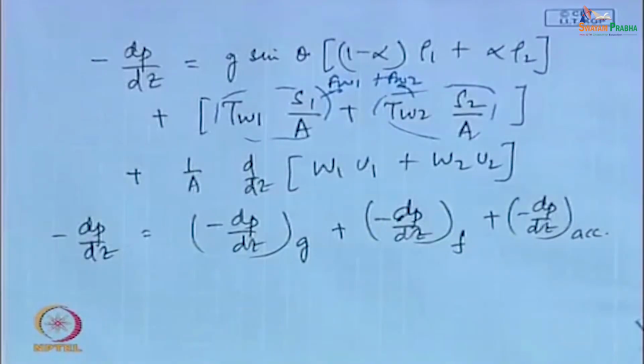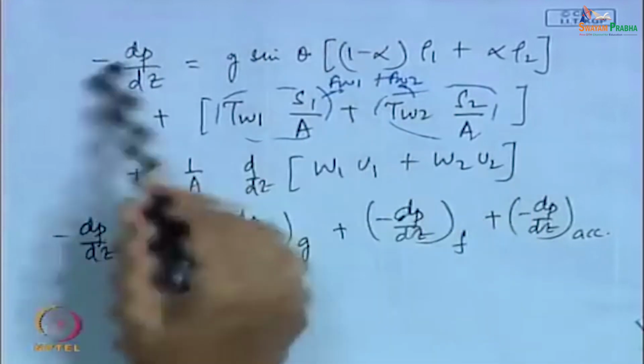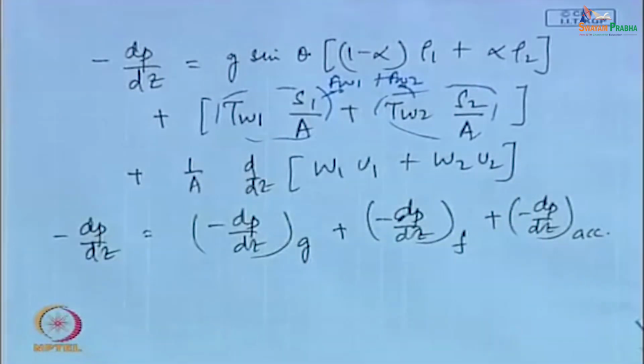In the next class we will write the momentum balance equation by substituting the acceleration pressure gradient, so that we get the final expression from where we can find out the pressure drop from known input parameters, and then we will define the condition of choking for two phases under separated flow conditions. So, that is all for today. Thank you very much.